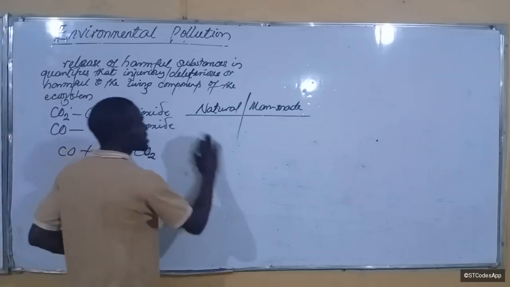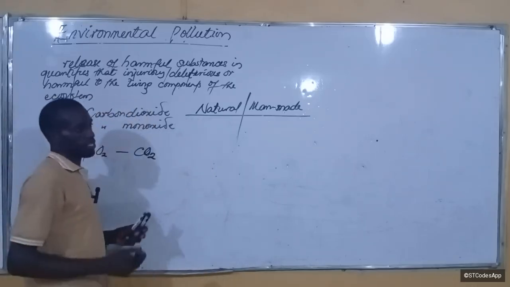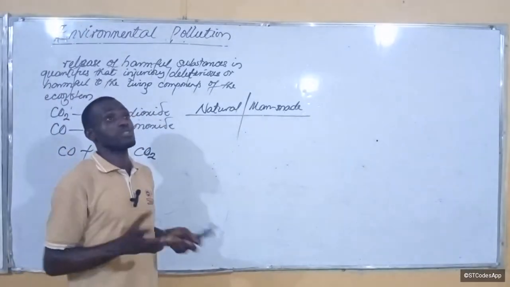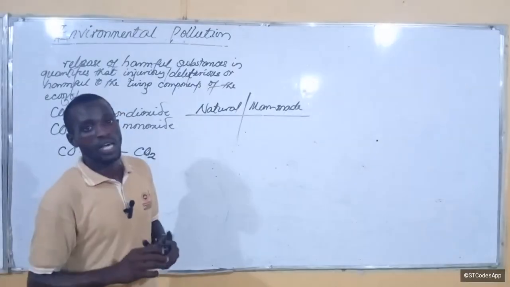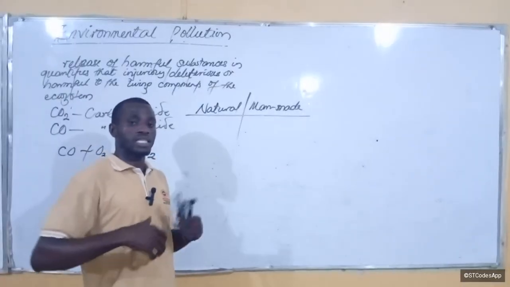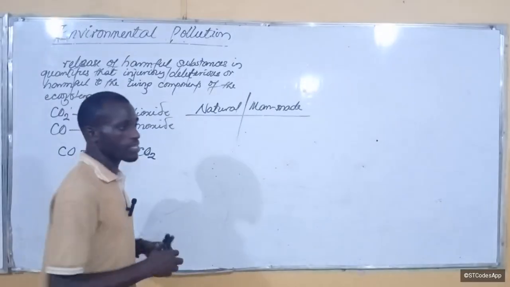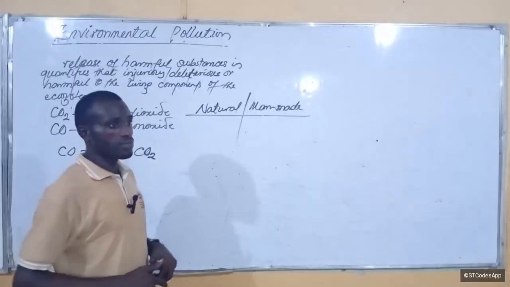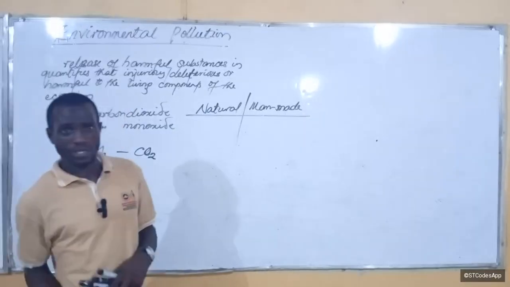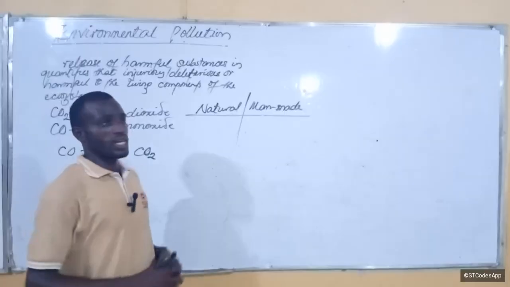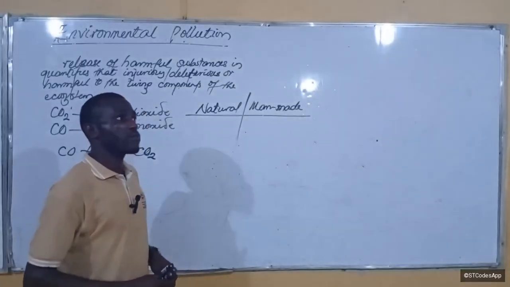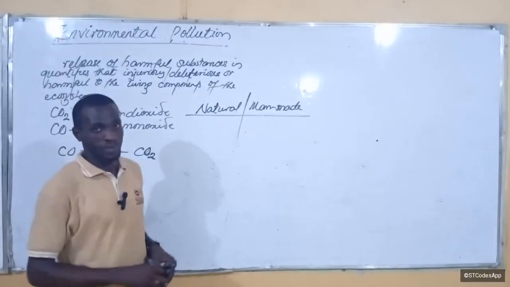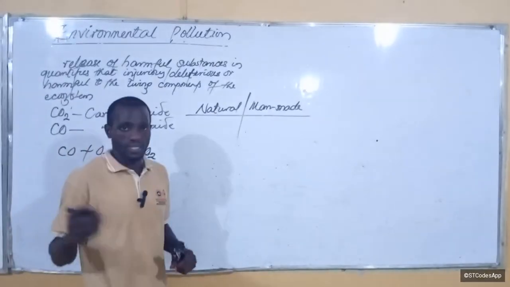What is a natural pollutant? A natural pollutant is any pollutant that comes about by natural phenomena, such as earthquakes. Earthquakes lead to the release of dust particles and all those things, and volcanic eruptions. The volcanic ash from a volcanic eruption is a pollutant.